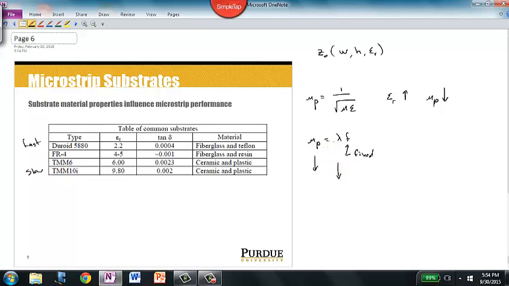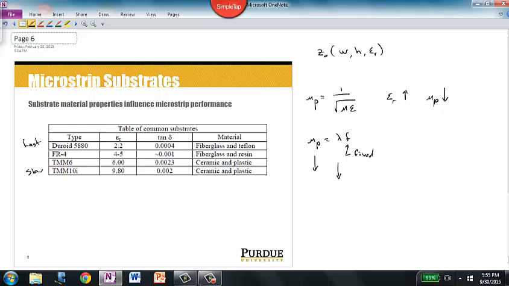So what we're saying is that as we get larger and larger relative dielectrics, the wavelength of the signal traveling in the microstrip T-line has to decrease. So for the same frequency signal, substrates with high electric permittivity have shorter wavelengths than substrates with low electric permittivity, which means we can make them with smaller features. So the higher the dielectric constant, we can tend to get away with making smaller features on those printed circuit board materials.